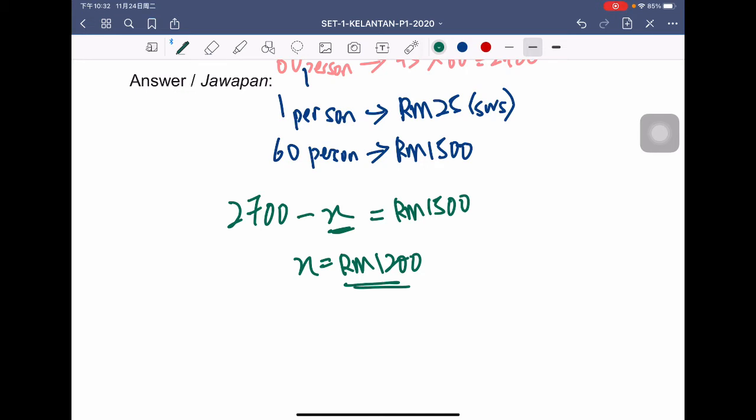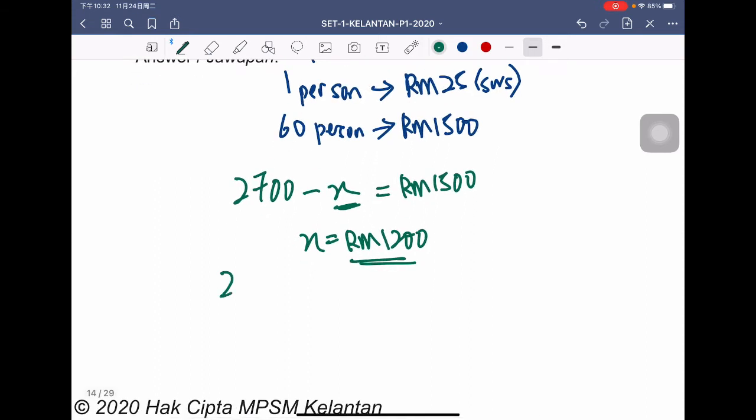So we have to find the actual average of the money spent by the visitors. So the entrance fee is 2700 plus the amount which the counter staff made a mistake, plus 1200, and it will become 3900.